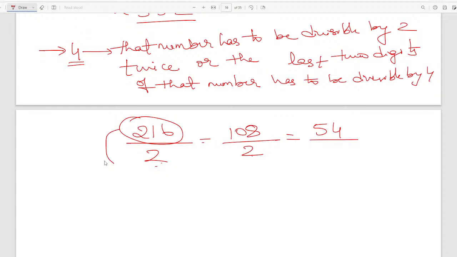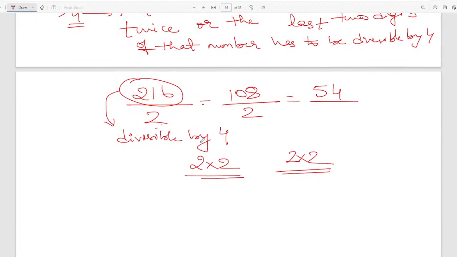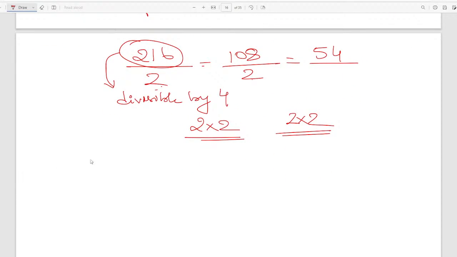Hence this 216 is divisible by 4. See, 4 means 2 into 2. So if the numerator has 2 into 2, then it is clearly divisible by 4. Or in this case, 216, the last two digits, 16, are divisible by 4. Hence, this number is also divisible by 4.